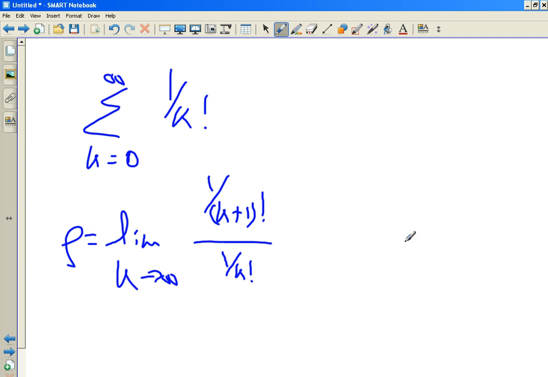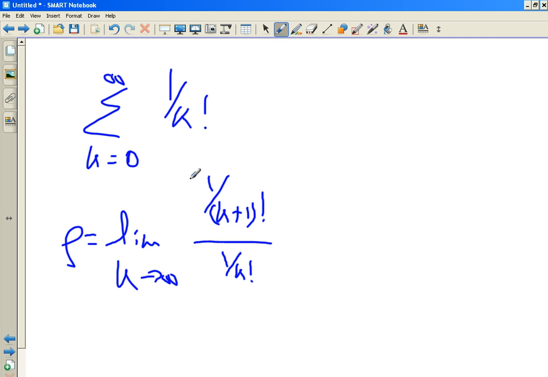Now remember, if this limit is less than 1, we have convergence. If this limit is greater than 1, we have divergence. Why does that make sense? Because we're really comparing every term to its next term. If for infinitely many terms the next term is smaller than the previous term, we have convergence. If this limit is less than 1, it means that the numerator is less than the denominator, right?